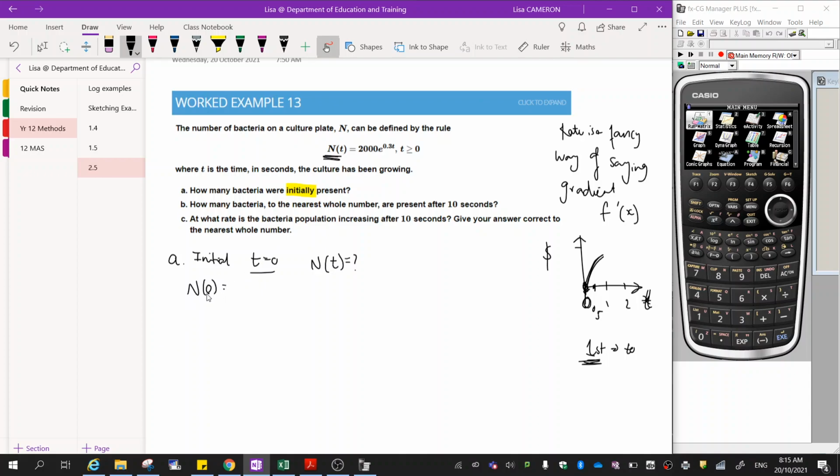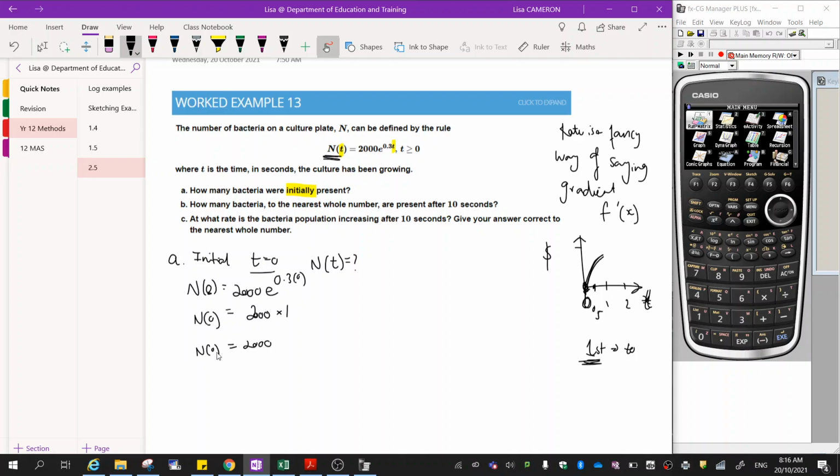So N(0) = 2000 e to the power of 0.3 times 0. Now 0.3 times 0 makes 0. E to the power of 0 is always 1, which means that I've got 2,000 bacteria present initially.